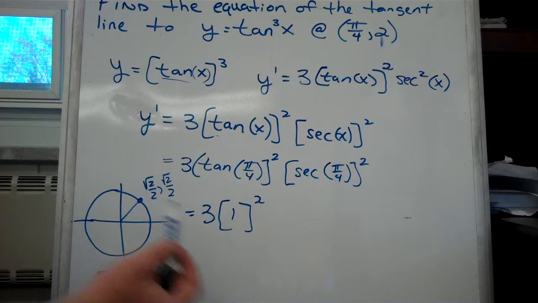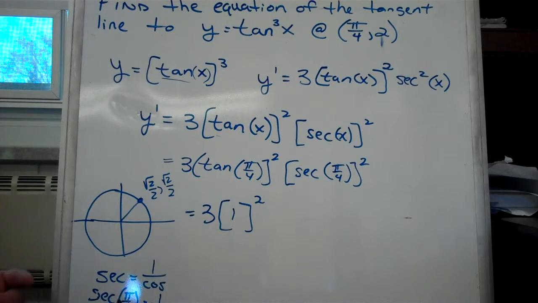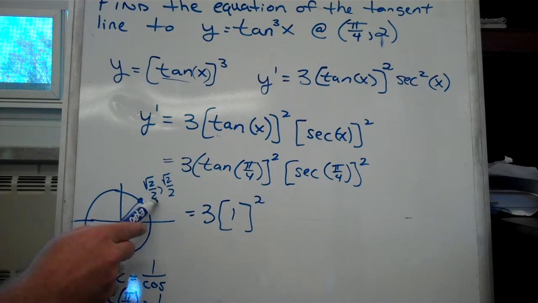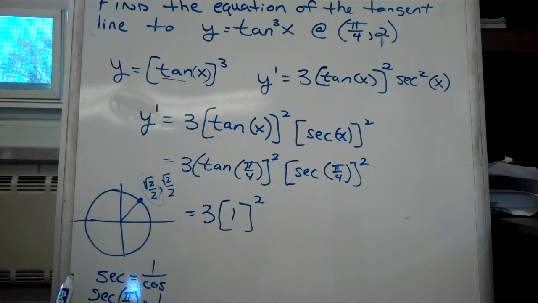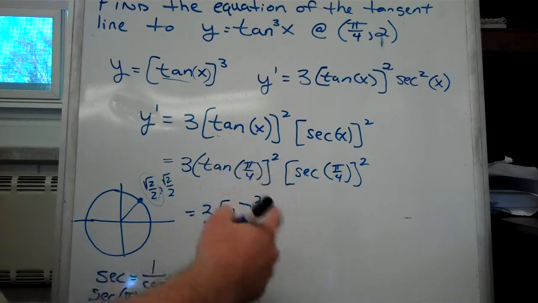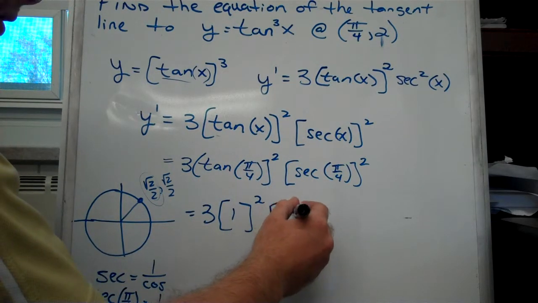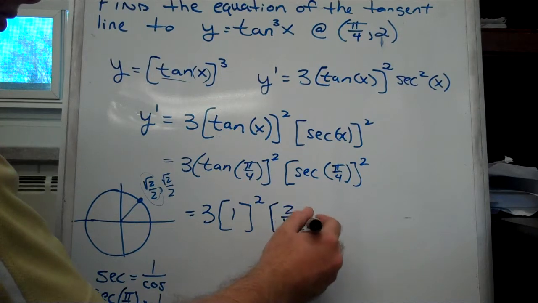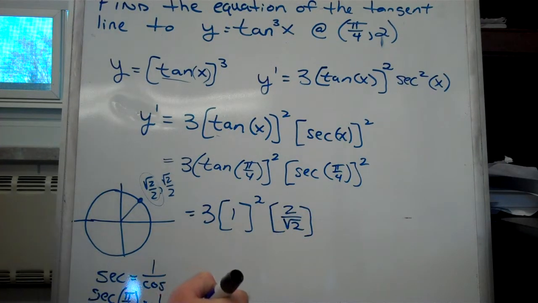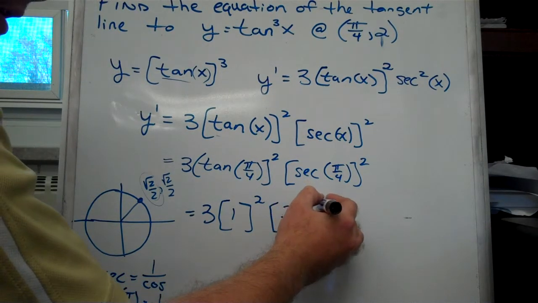So I need to evaluate cosine of pi over 4. Cosine is that value right there, radical 2 over 2. The reciprocal of that is 2 over radical 2. So the secant of pi over 4 is 2 over radical 2, and obviously I want to square that.